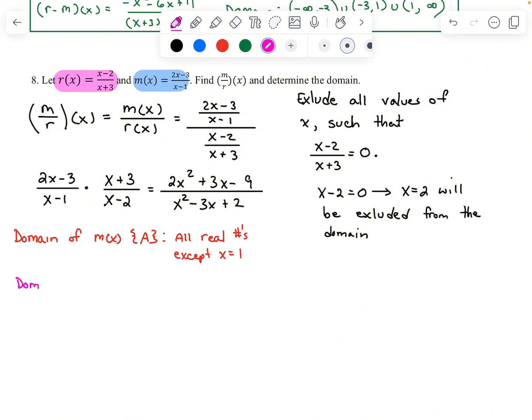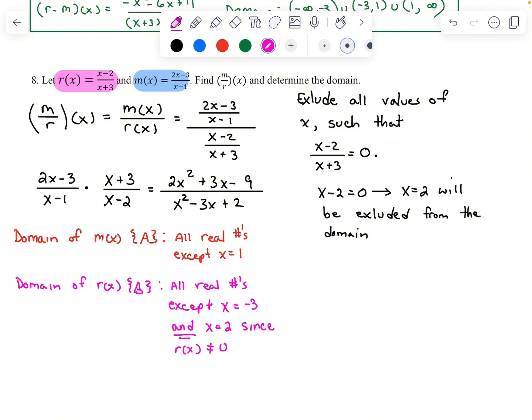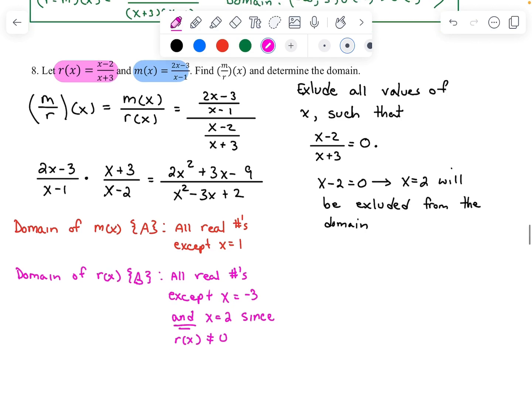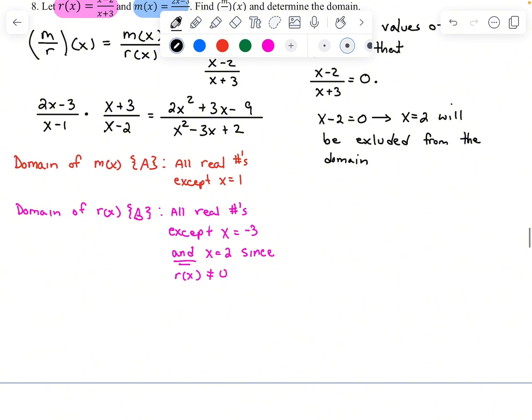And the domain of r of x, which I'll label B, is going to be all real numbers except x is equal to negative 3 and x is equal to 2, since r of x cannot equal 0. All right, with all this information in mind, let's go ahead and find the intersection of these two domains.